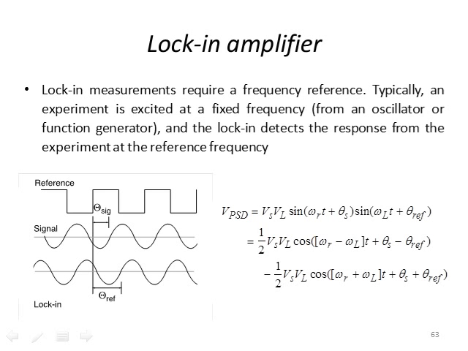So how does it work? The lock-in measurements require a frequency reference. Typically an experiment is excited at a particular frequency. The lock-in detects the response from the experiment at a particular reference frequency. So we have a reference frequency, we have a signal.